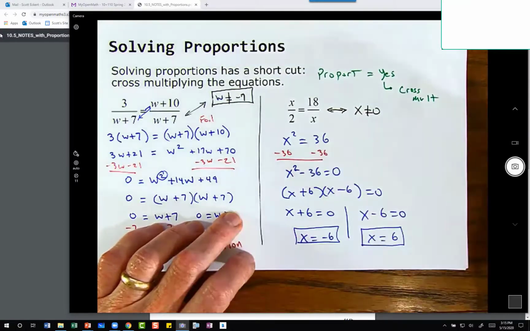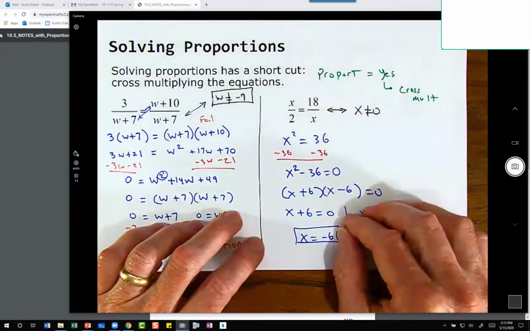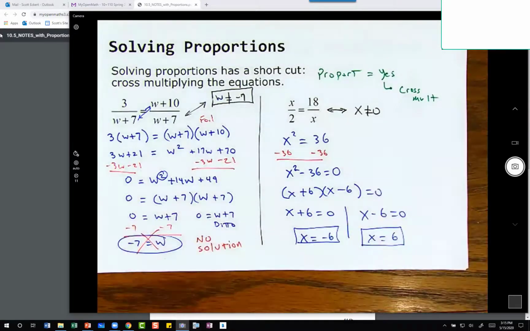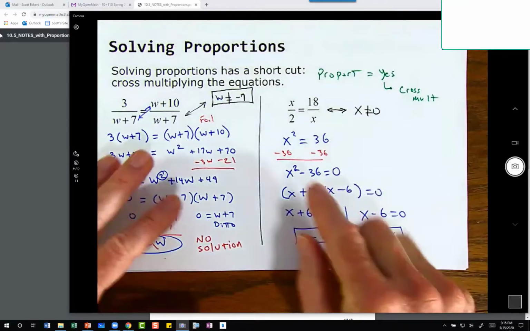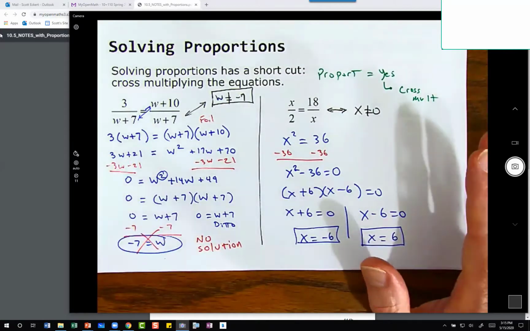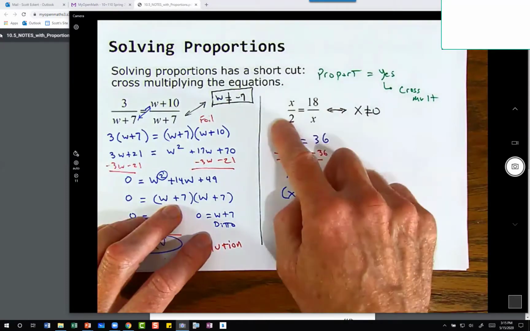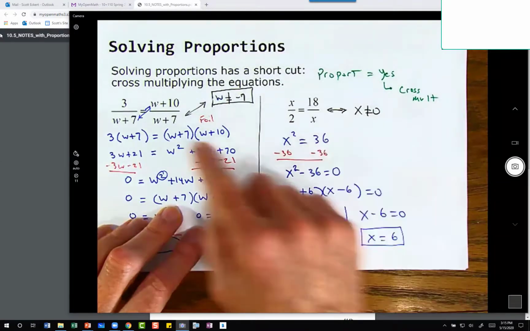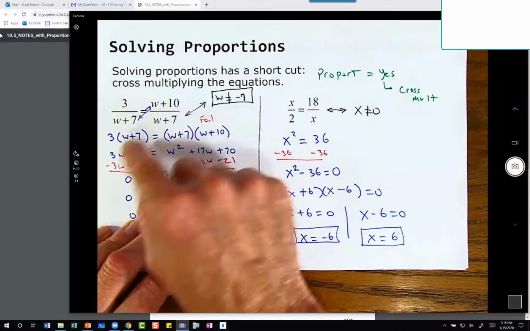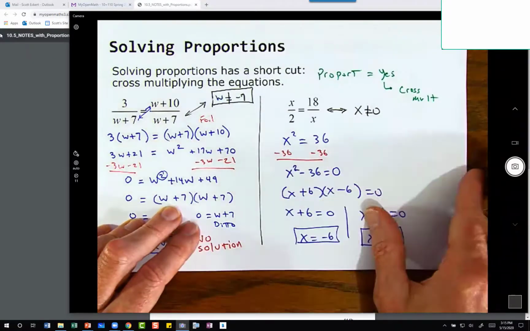So hopefully that seems like it's pretty easy. Solving proportions, they're supposed to be easy. Cross multiply and the fraction's gone. We like them because with one simple shortcut, no fractions.